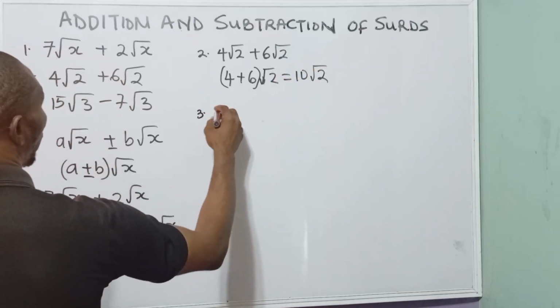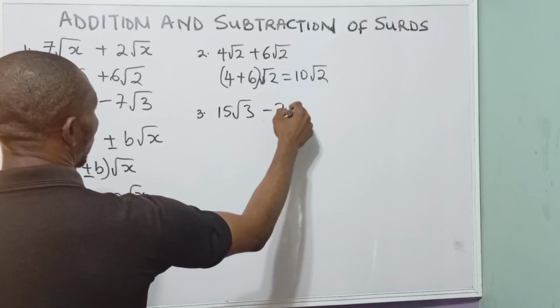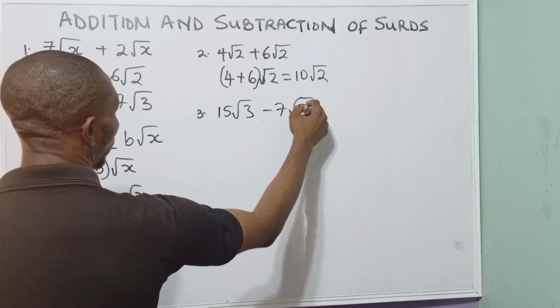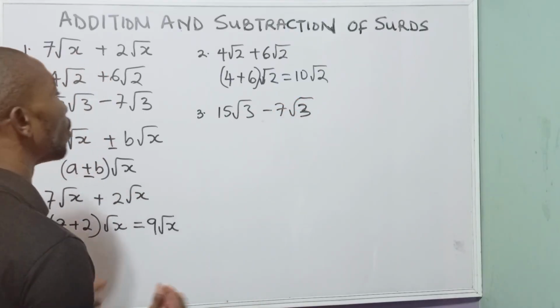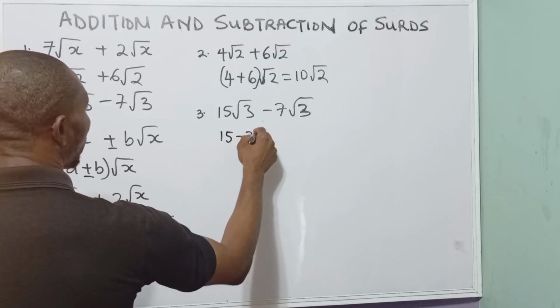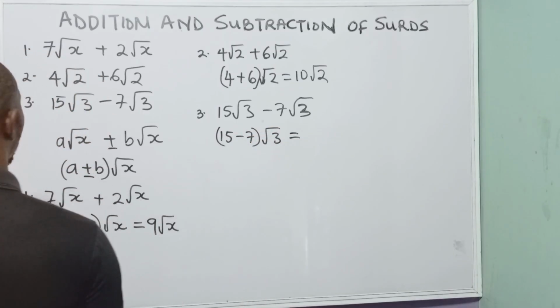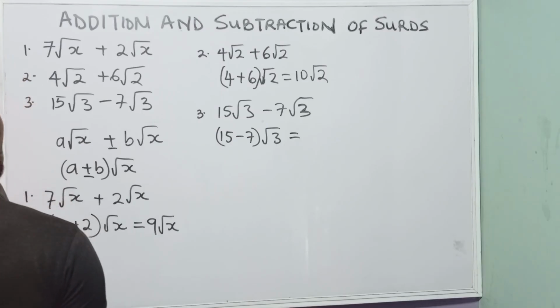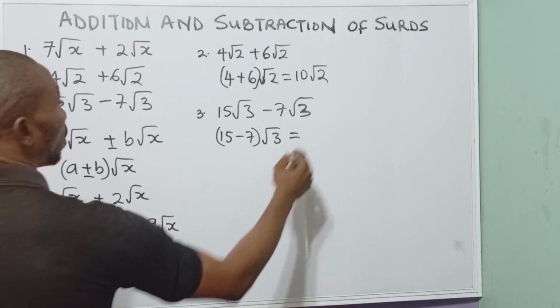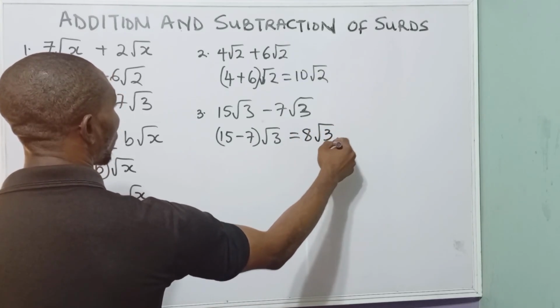And for question 3, we have 15 root 3 minus 7 root 3. Since they are both the same roots, we have 15 minus 7 root 3. Now 15 minus 7 would give us 8. That gives us 8 root 3.